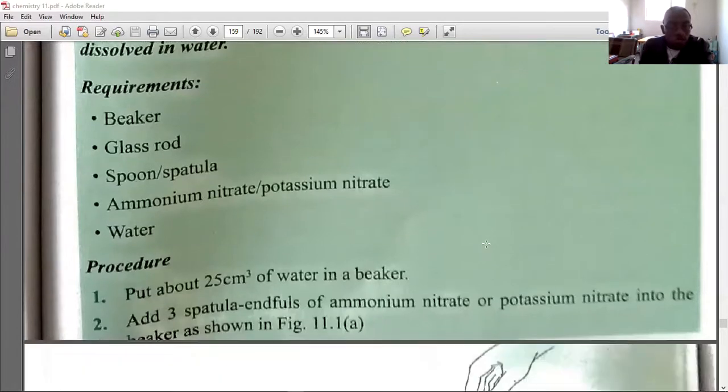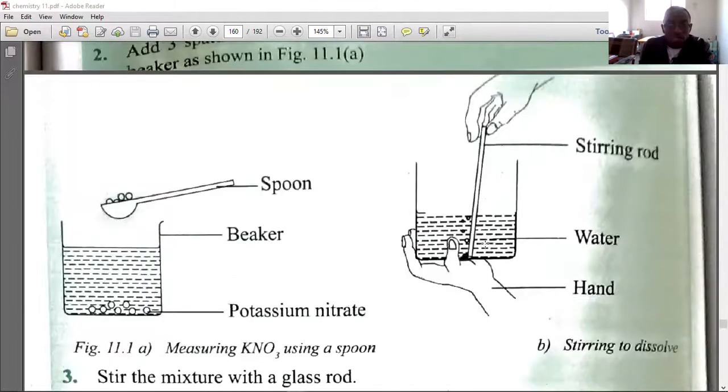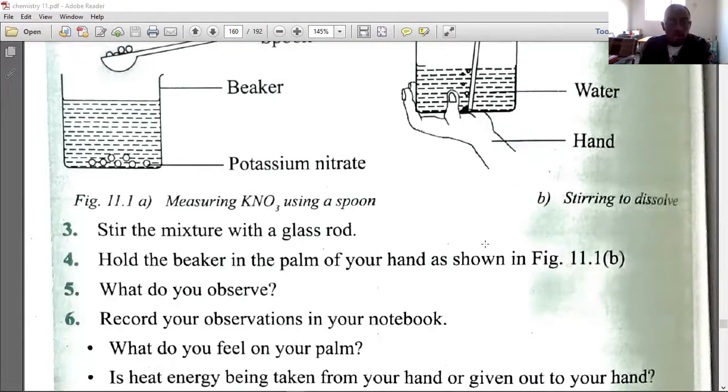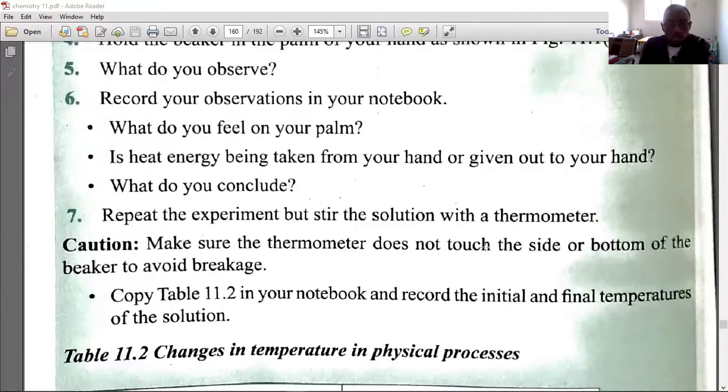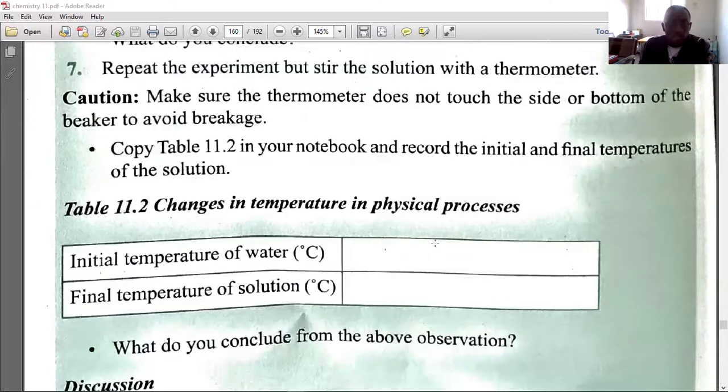Ammonium nitrate is dissolved in water, and you're going to feel cold. Alternatively, you can use a thermometer as mentioned, and record the initial temperature of the water.